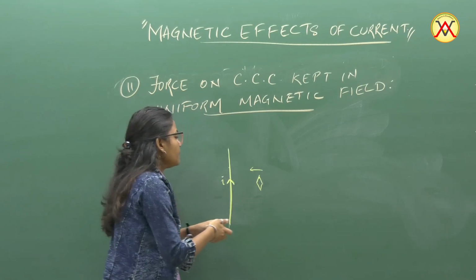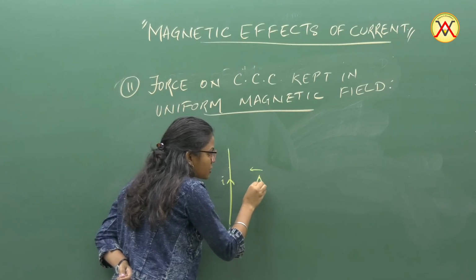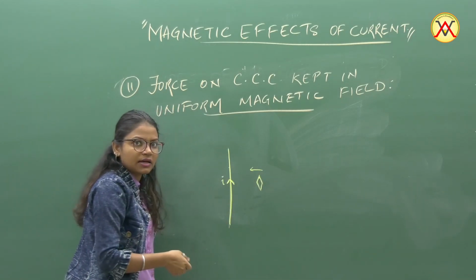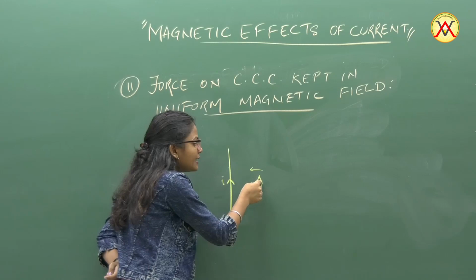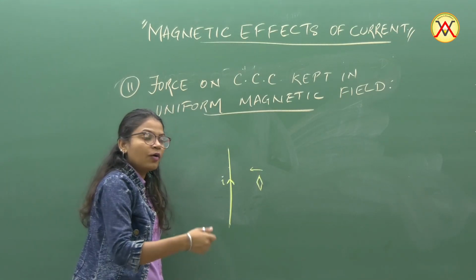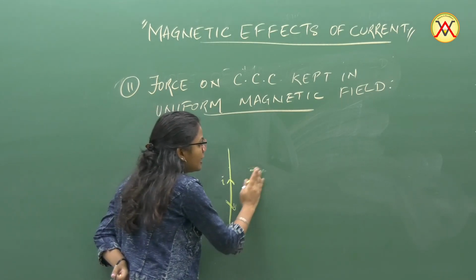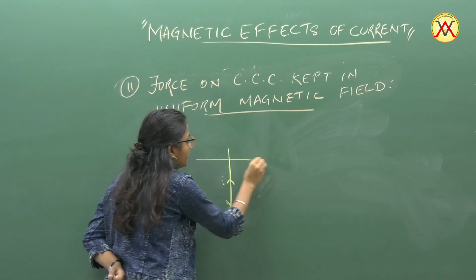How so? We had placed a small magnet near the current carrying conductor, and that small magnet experienced a force due to that current carrying conductor. Now, what if we place this current carrying conductor in a uniform magnetic field?